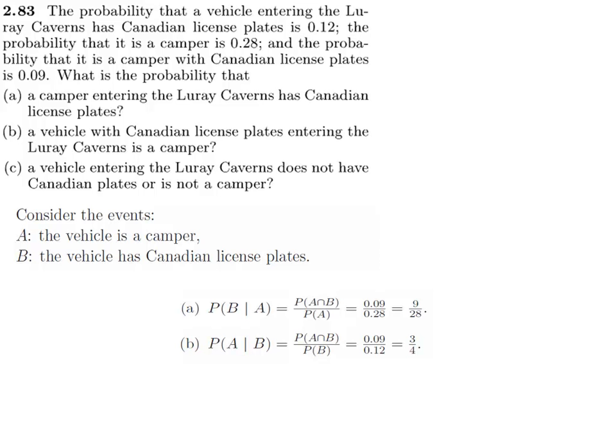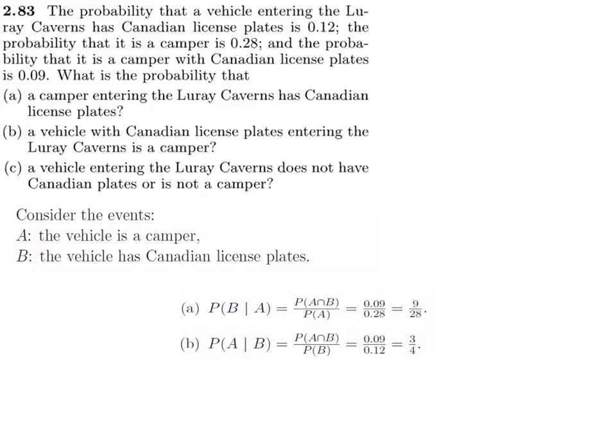Do we have any way to find that event? Usually the complement of the union, or the union complement minus the intersection. You're on the right track. So this is an intersection of events. No Canadian plate, not a camper, right? So you want to find that intersection.